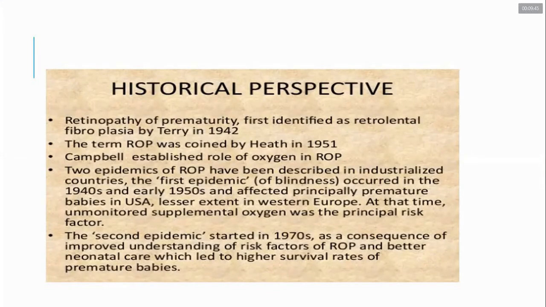That is why they thought it could be due to oxygen, because the epidemic held for about a 10 year period, as unmonitored oxygen was given to these premature or small babies. The second epidemic started in 1970 as a consequence of the improved understanding of the risk factors of ROP and better neonatal care, which led to a higher survival rate of premature babies.